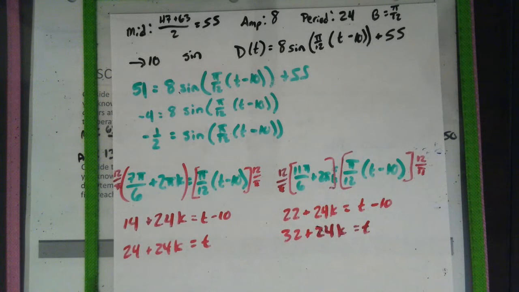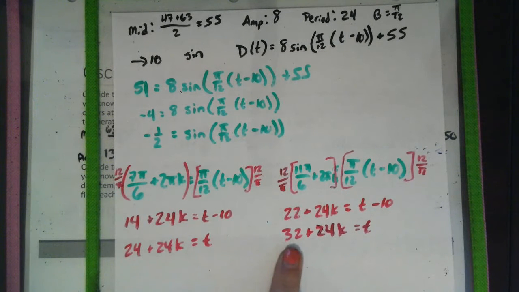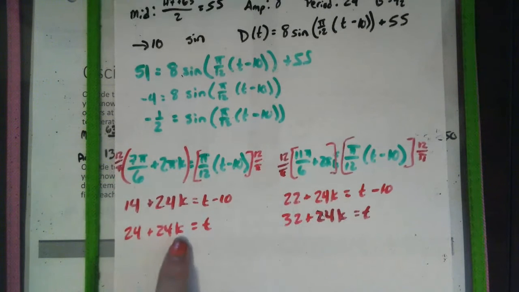We were trying to figure out what time we hit this temperature. So it looks like we hit that when t equals 24 and when t equals 32. But k can be any integer in our world. We want to get as close to midnight as we can, and t is the number of hours after midnight.